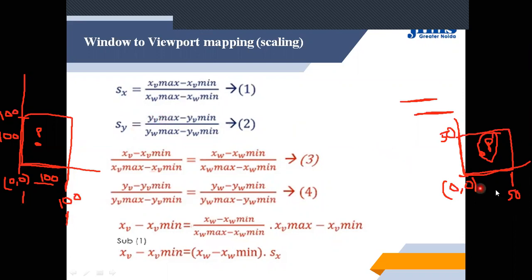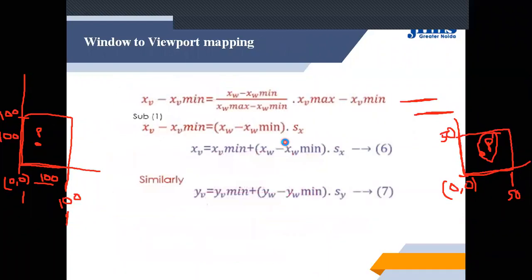Then yv max 50 and yv min 0, and similarly yw max is 100 and yw min is 0. By using these values, we can find Sx and Sy.